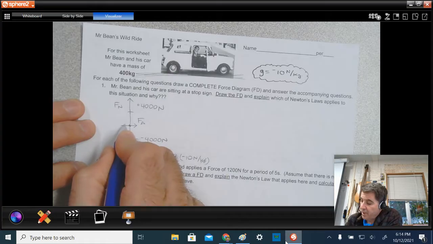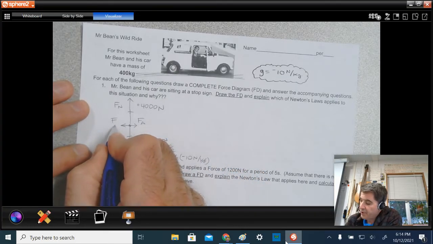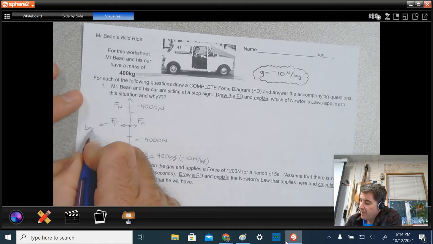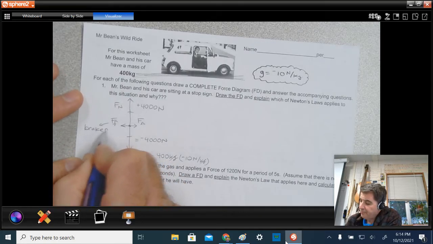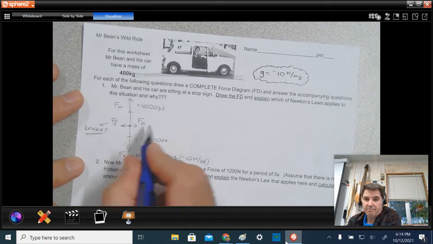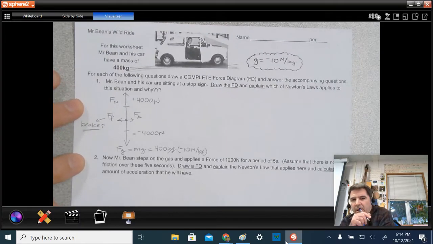And so there'll be a little force in the opposite direction, which is going to be the force of friction, and that is going to be your brakes. It's in drive, not your brake, but your car is in drive. So it says draw the force diagram and explain which of Newton's laws applies to the situation and why.